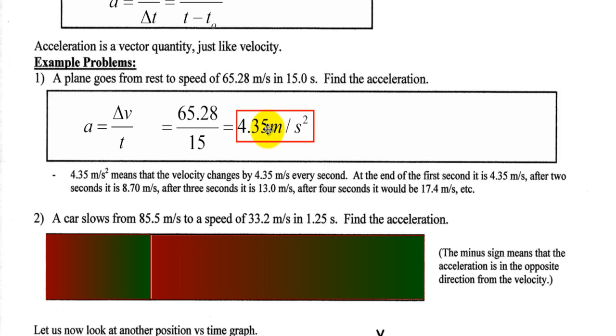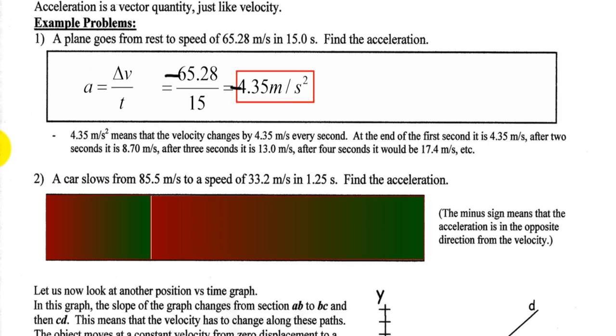If it was the other way around, if it said the plane was going 65.28 meters per second and then stopped in 15 seconds, well, now your delta v would have ended up being a negative value because it would have been final minus initial, and then your acceleration would be negative. And then looking at all those values, you would see that your 65.28 would still be a positive number, but your acceleration would be negative, meaning you were slowing down.